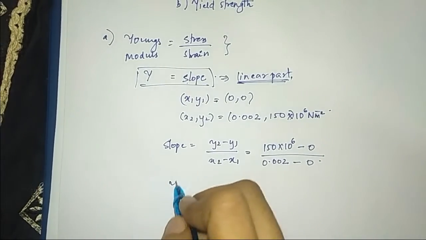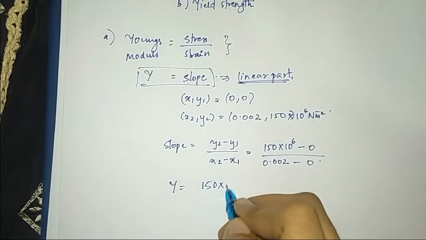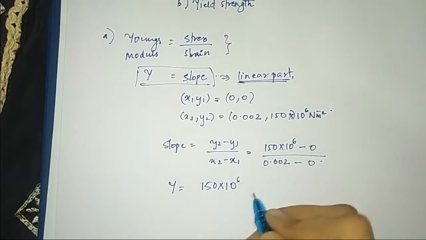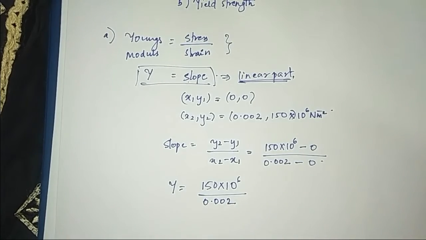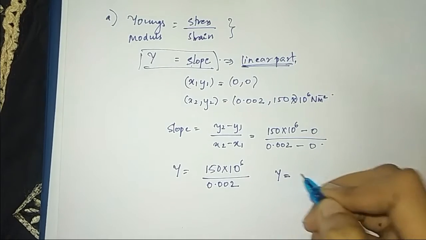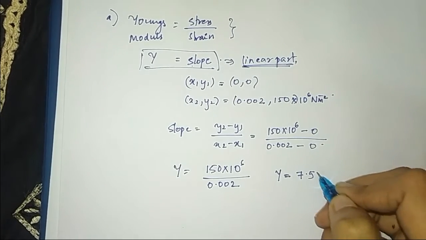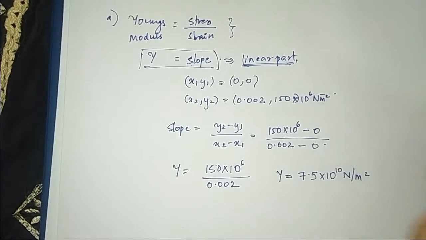So the Young's modulus, which is the slope, is simply 150 into 10 raised to 6 divided by 0.002. After calculation we get Young's modulus as 7.5 times 10 raised to 10 Newton per meter square.